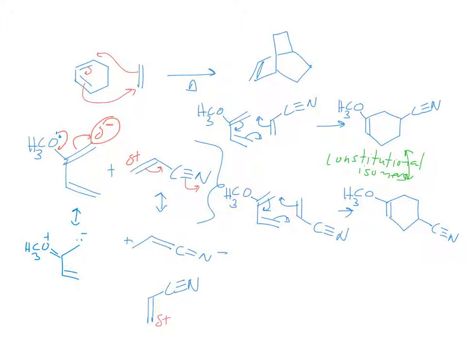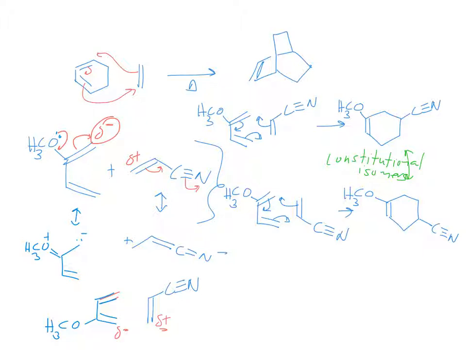So the way we predict the product is we line up the delta minus end of the diene with the delta plus end of the dienophile. So if we have the plus end down here, we want to put the minus end of the diene over here. That means the OCH3 is going to go down here, and this is delta minus.